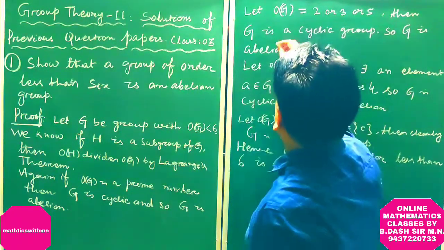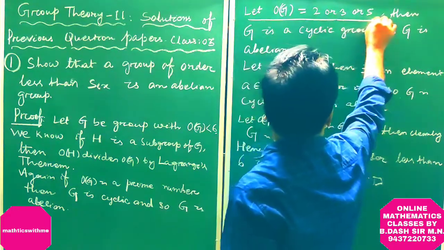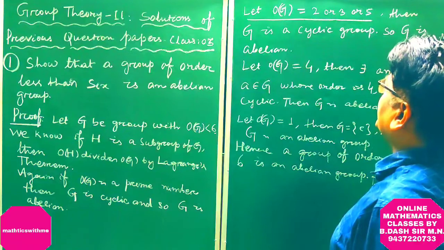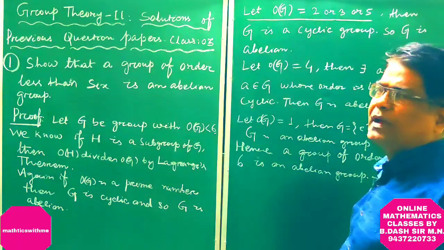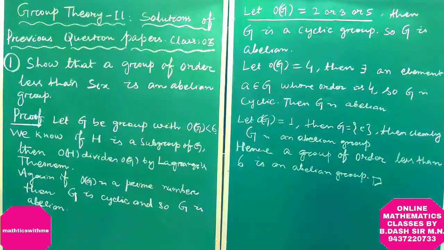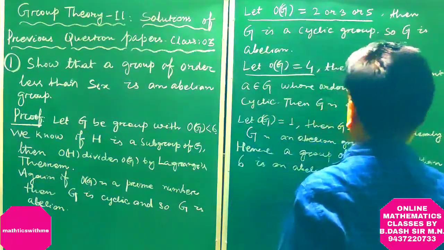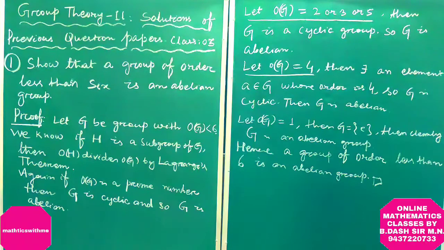Let order of G be 2, 3 or 5; then G is cyclic, so G is abelian.